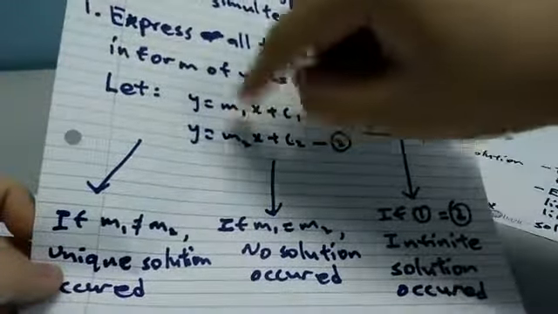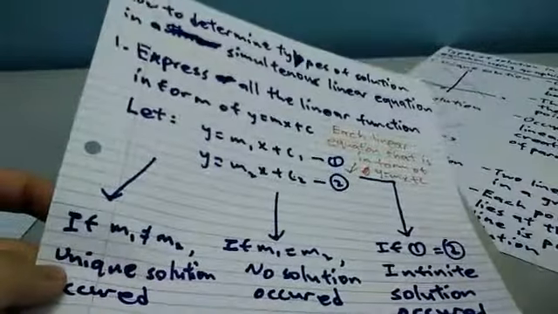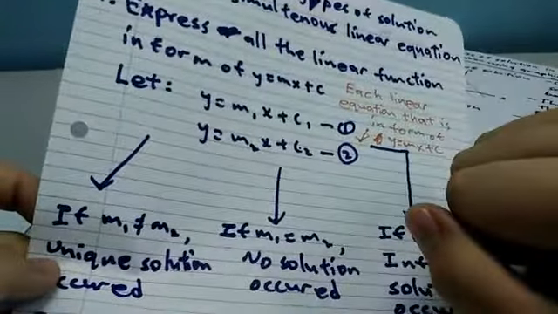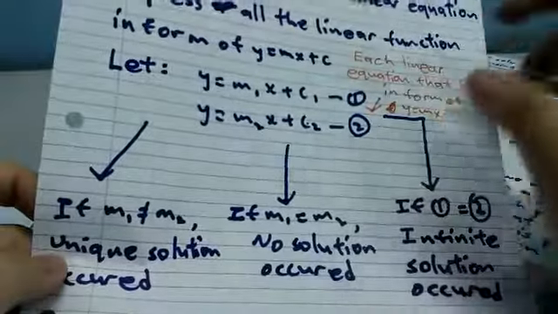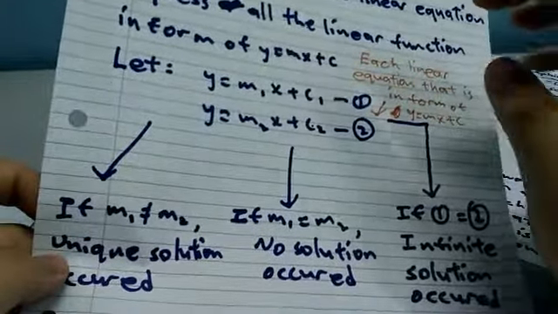Here m means the gradient, which is the steepness of the straight line, and the c's are the y-intercepts. If you have studied the linear equation of a straight line y equals mx plus c, then I think this is pretty easy to understand.